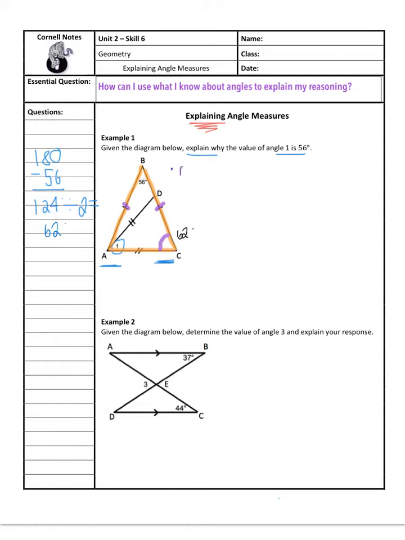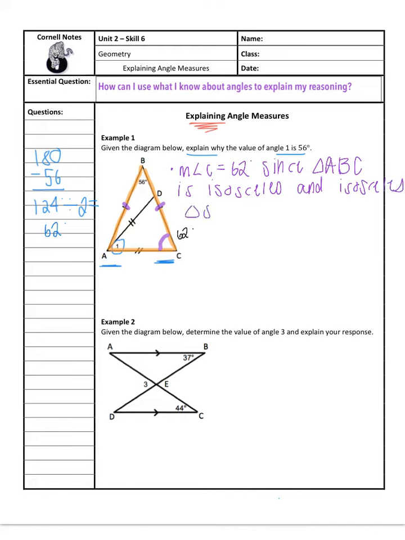So first thing, the measure of angle C equals 62 degrees since triangle, I'm going to name that orange triangle I outlined, ABC is isosceles and isosceles triangles have two congruent sides and angles.